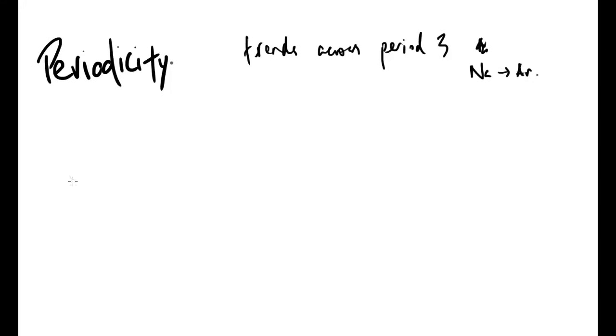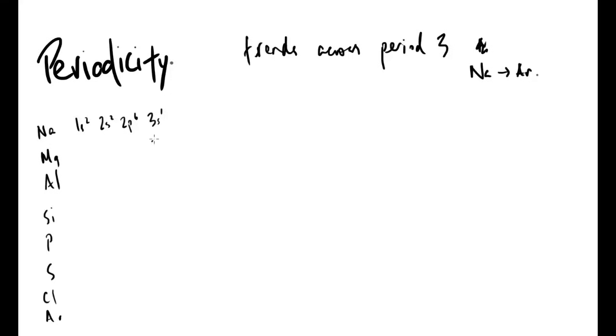If we start at the top and say we've got sodium, magnesium, aluminium, silicon, phosphorus, sulfur, chlorine and argon. If you imagine sodium, we've gone through our first bit, so we've got our 1s2, 2s2, 2p6, we're now into 3s1 land.